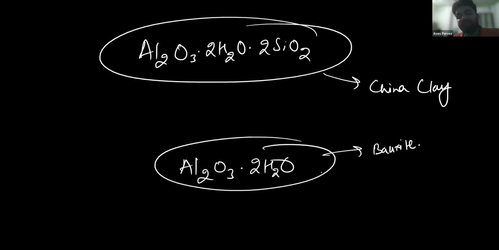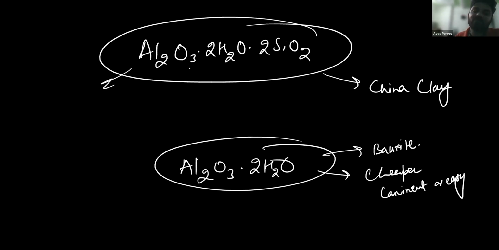If I extract the aluminium from this one, it is cheaper, convenient, or easy. But if I extract the metal from China clay, it is expensive and takes much time.